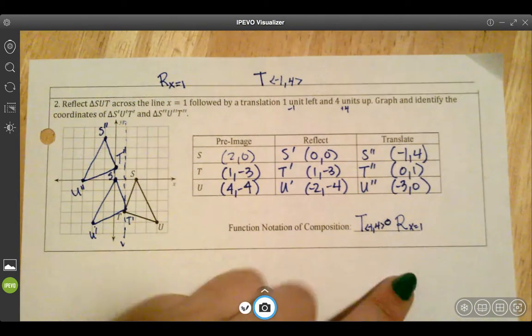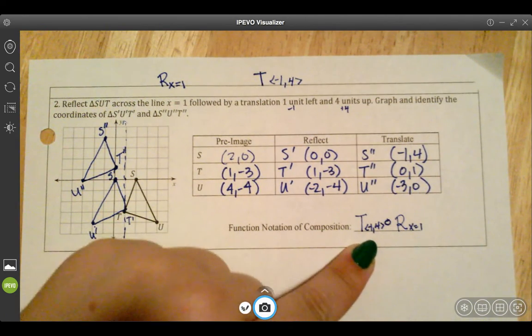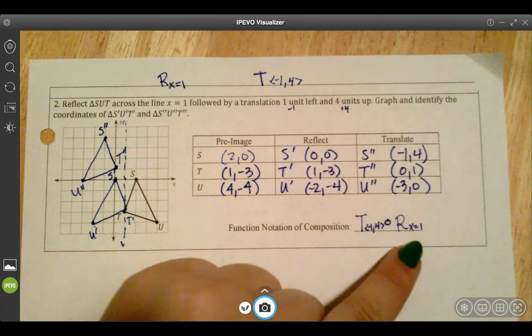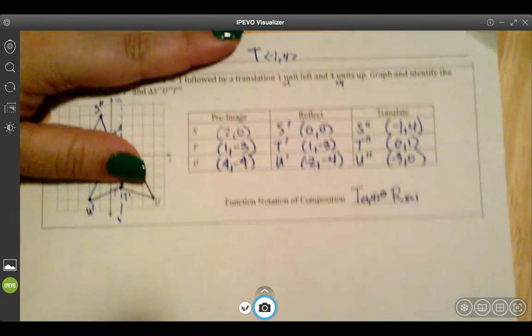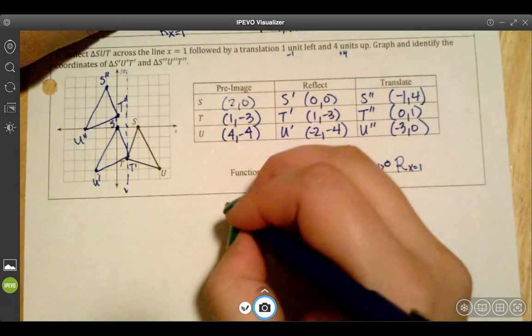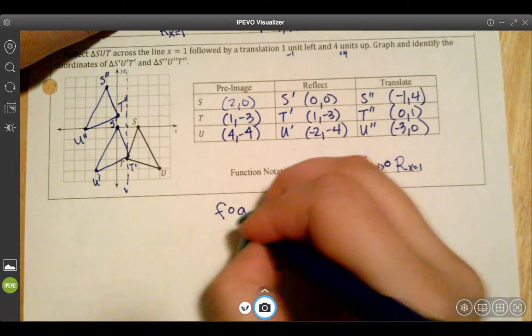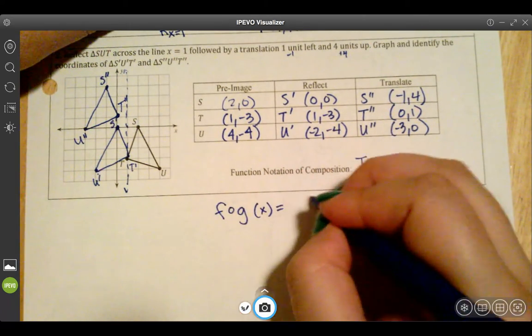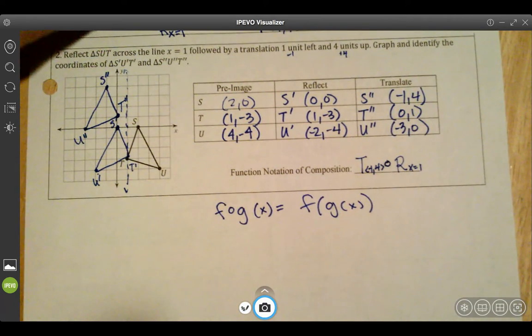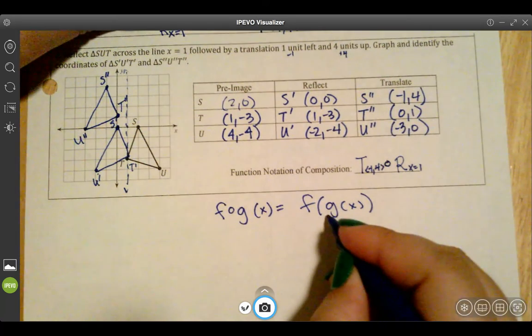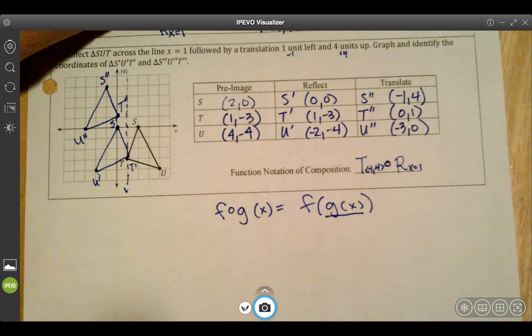Okay, so why do we write the reflection and then the translation in this order? Why are we reading it from right to left instead of left to right? Well, again, think back to those function compositions. In algebra, we say f composed with g of x is the same as f of g of x. Well, order of operations says I have to perform what's inside of the parentheses first, and g is further inside of parentheses than f of x.